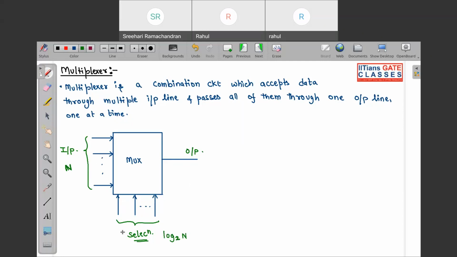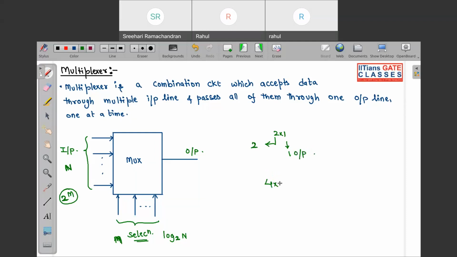Or if the selection lines are m, then the input lines will be 2 to the power m. With this we have different combinations, like 2 cross 1. 2 cross 1 means there are two inputs and one selection line, and one output.